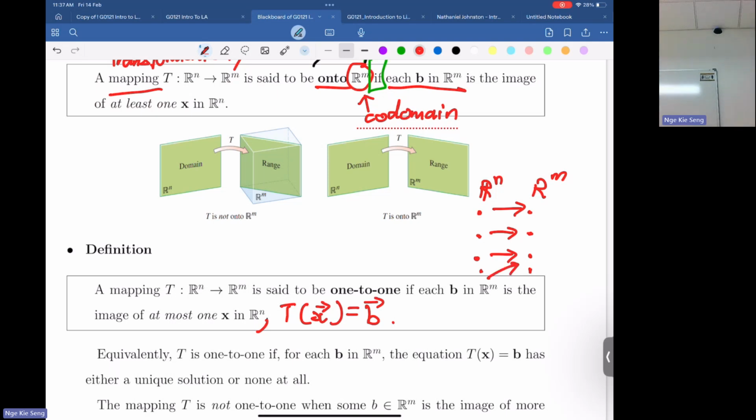If two things get mapped to the same place, then this is not one-to-one. Correct or not? Okay, one-to-one. Sometimes we call it injective. So this is the second word we would use: injective.